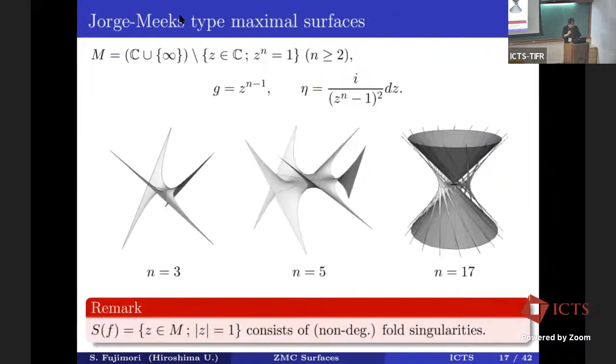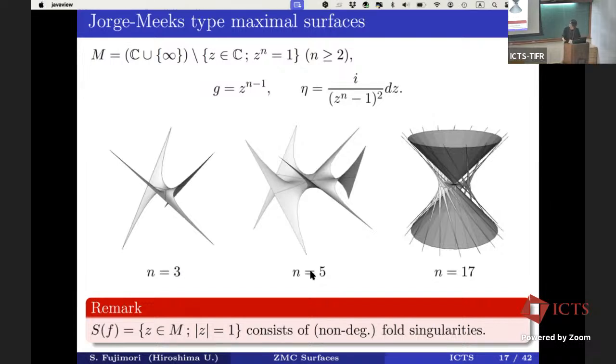Also consider the Meeks type maximal surface. For the singularity again, let n be greater than or equal to 2, and we have this kind of surface.